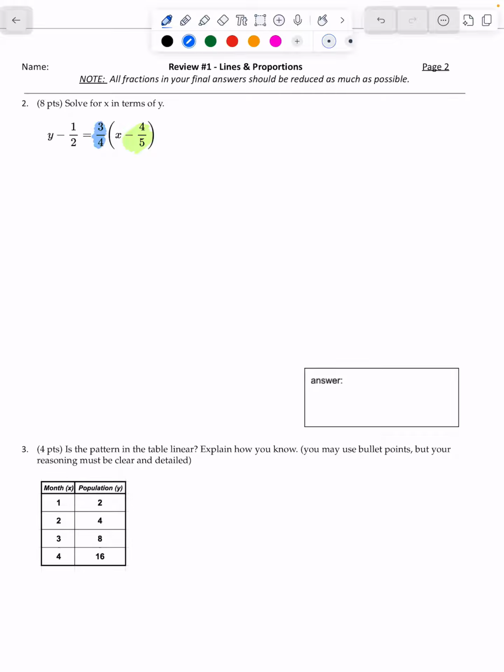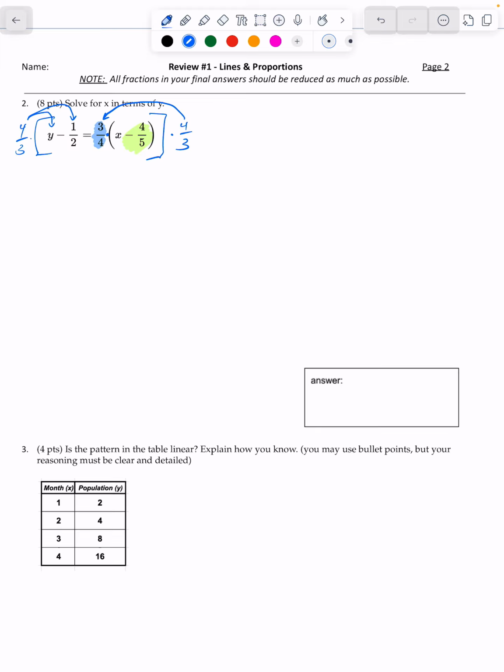So for the blue, what I'm going to do is I'm going to multiply the whole equation all the way through by 4 over 3. So that means I have to multiply the y by 4 over 3, and I have to multiply the 1/2 by 4 over 3. But I just need to multiply that by 4 over 3 because all of these are glued together.